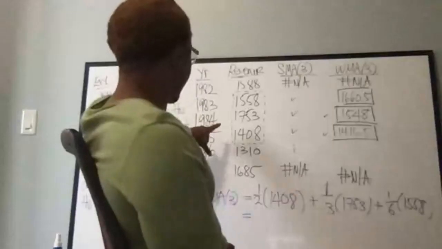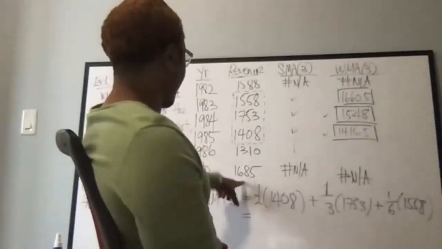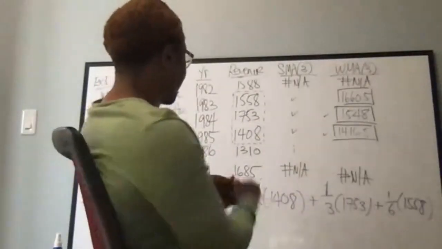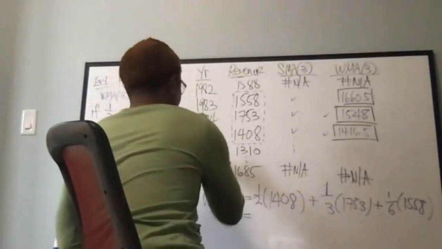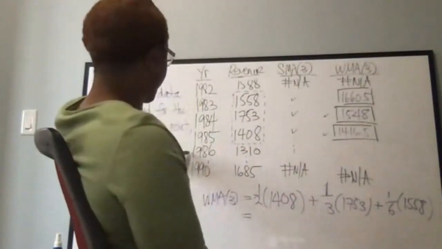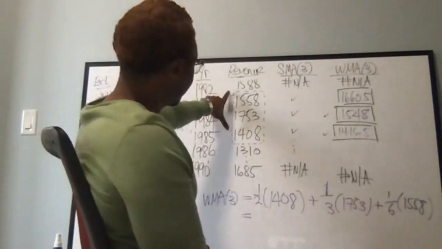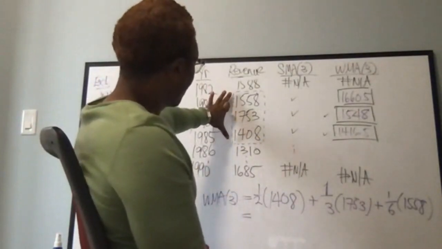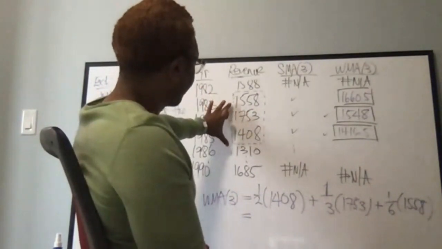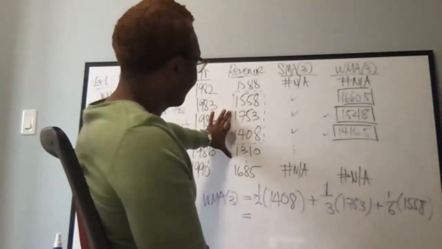Okay, yeah. So in this case, this 1685 is for 1990. I just skipped; I didn't put the whole chart there. So the next point was the 1310, right? When you take this window and slide it down, you stop here at the 1753, 1408, and 1310.